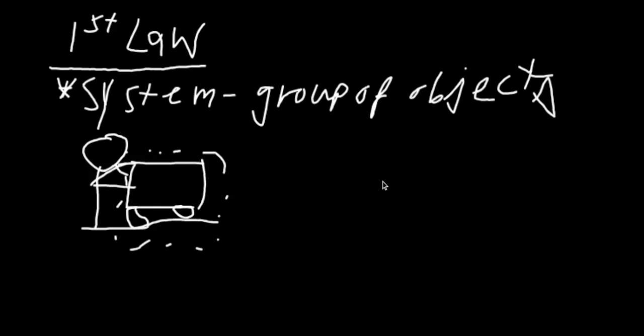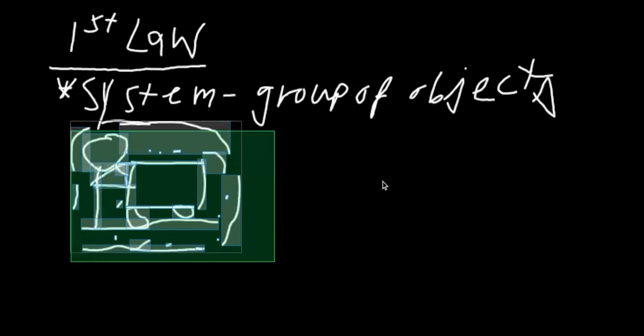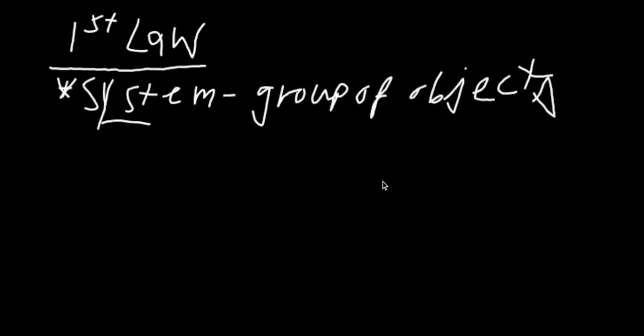This will get really crucial when we get into energy, but just think of a system as a group of objects, and Newton's first law says that an object in motion will remain in motion unless acted on by a net external force. So if we were to consider this person to be within our system too, then this system would have no external forces on it.